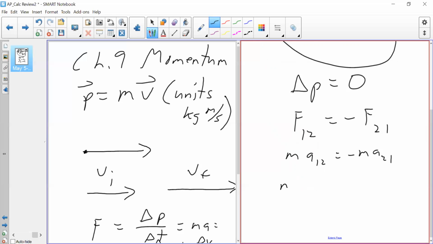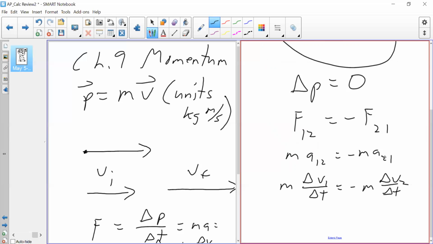So then you can say the m delta v over delta t. So we understand that on the left-hand side, this is object 1 on 2, we'll just call it 1.